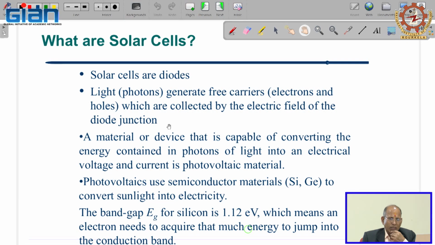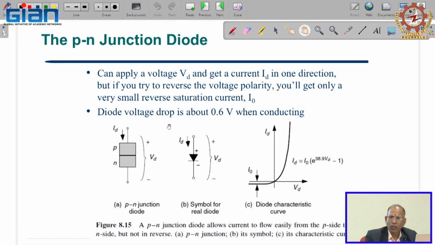And then some of these terms, like the band gap for silicon, is of the order of 1.12 electron volts, meaning that an electron needs to acquire that much energy to jump into the conduction band.